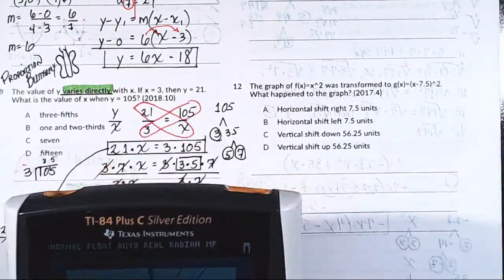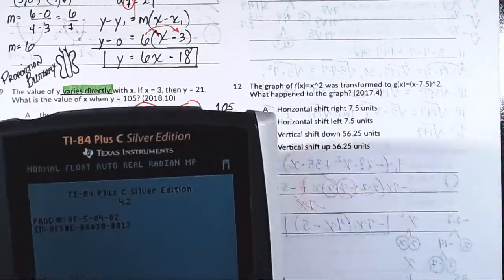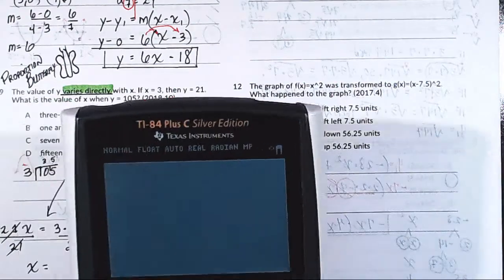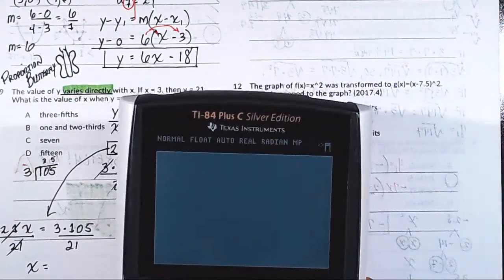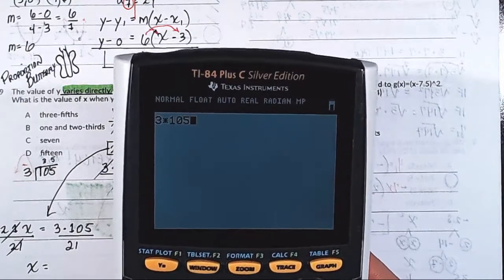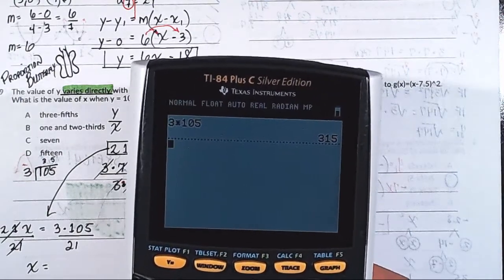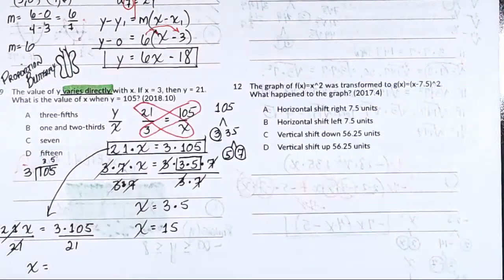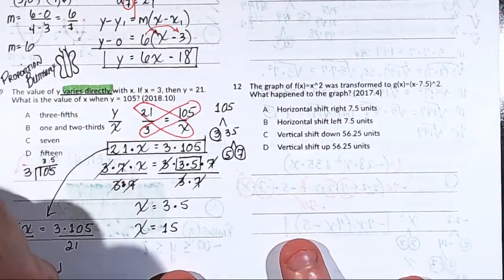Let's see, here's my home screen. Cancel. All right, you'll take 3 times 105, enter, divided by 21, and you'll get 15. Okay, so if that's how you do it, that's also fine.